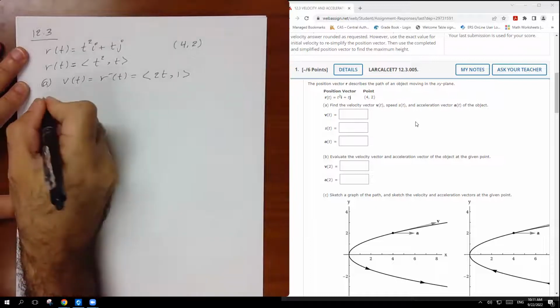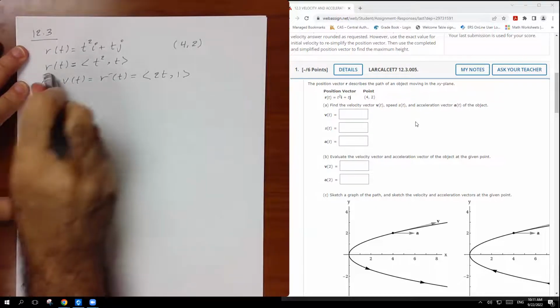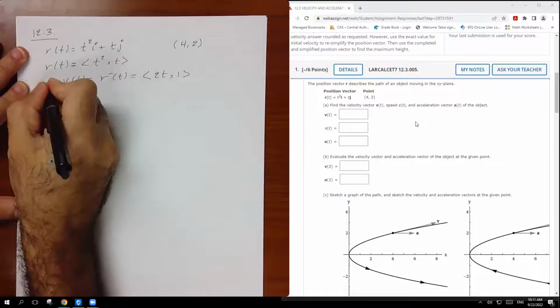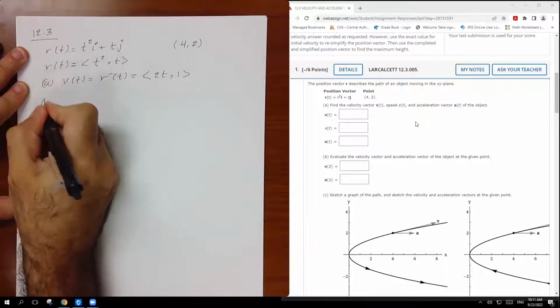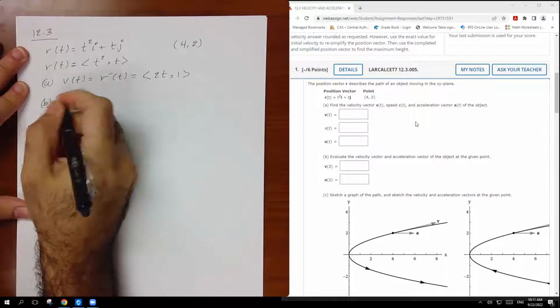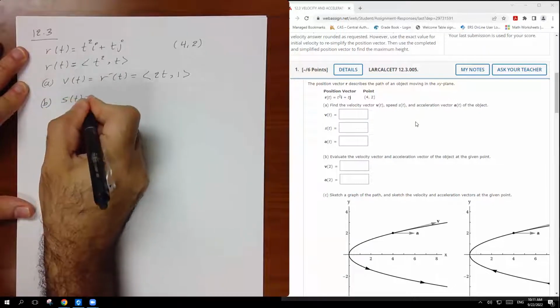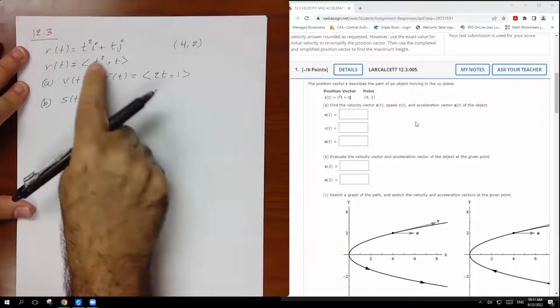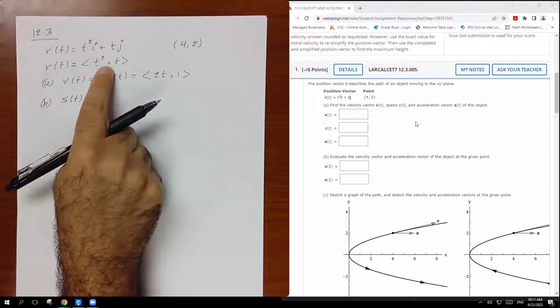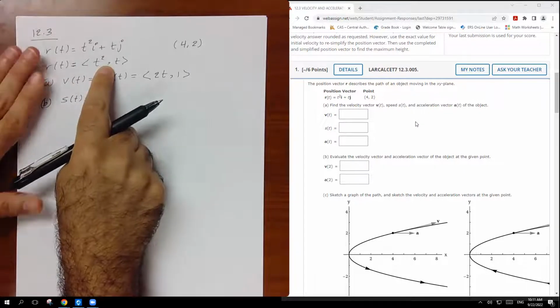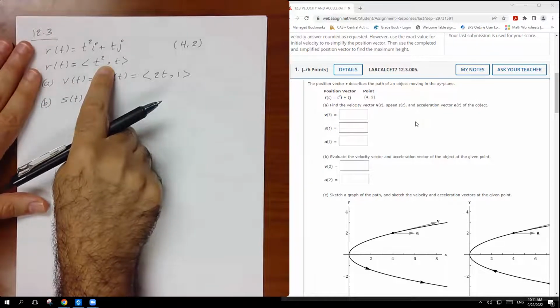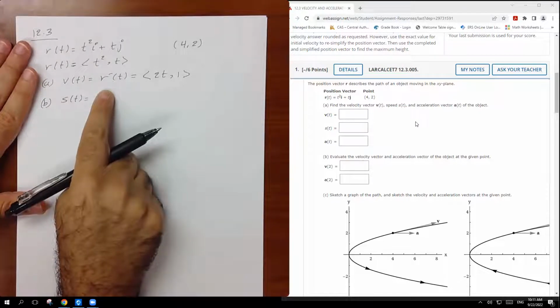Now, b, to find the speed, that means it's the length. So s over t is going to be the length of the position vector. Sorry, the length of the derivative.